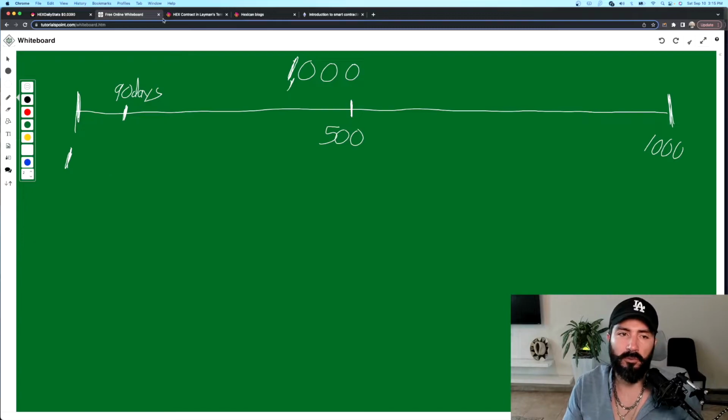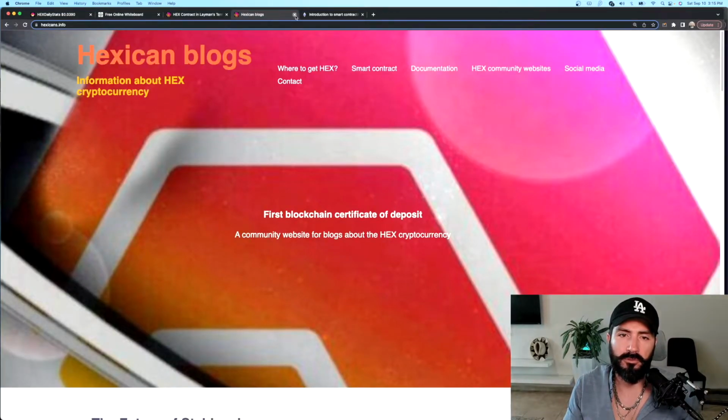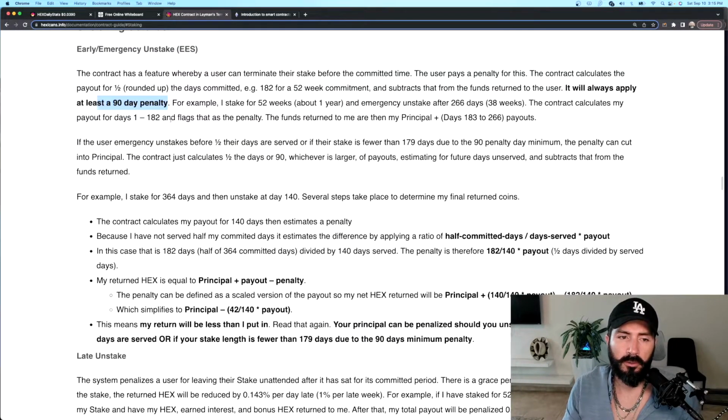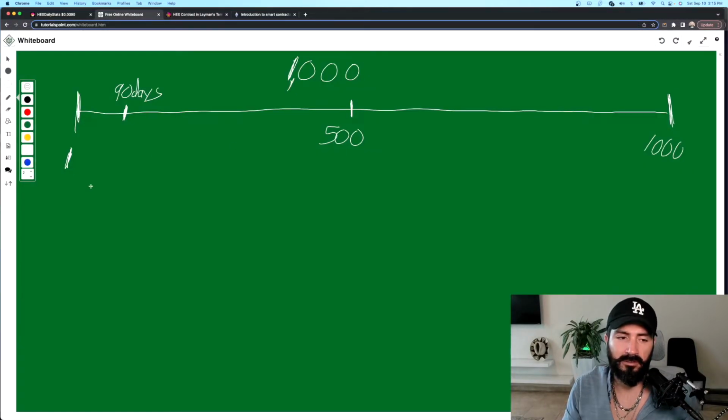And so basically, what this part of the paragraph was saying is that for anything less than 179 days, the minimum penalty is 90. So let me just draw another one.